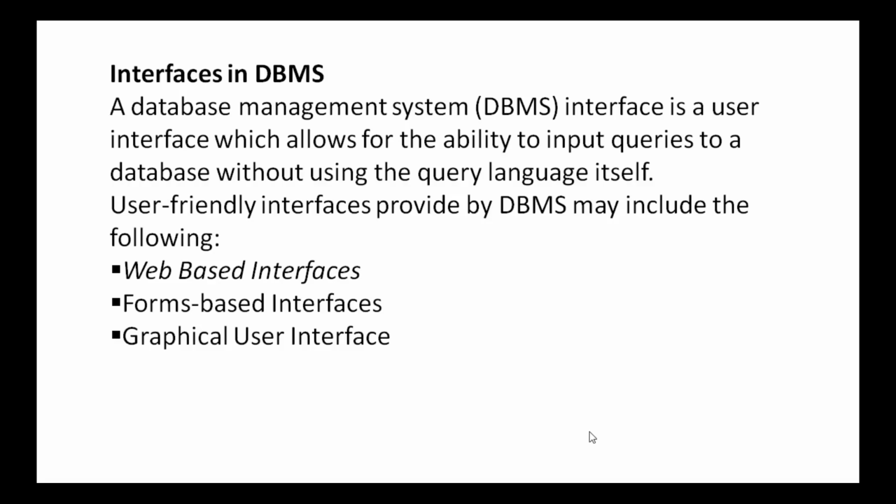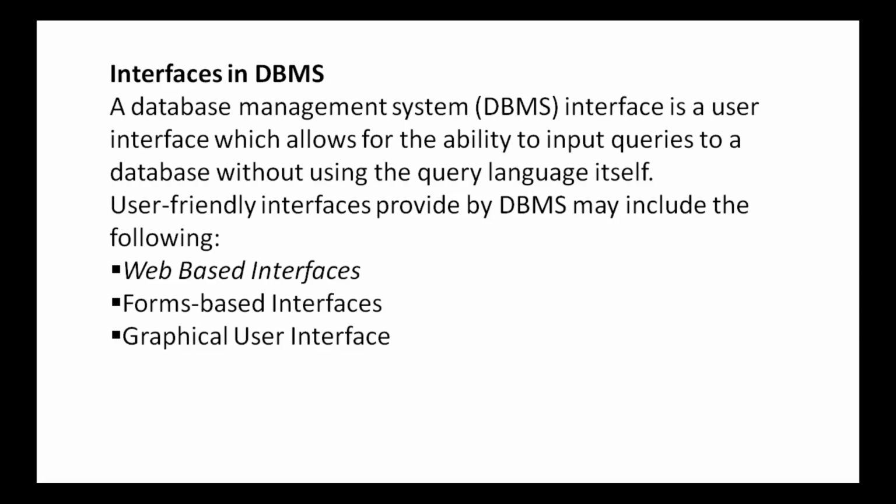And the last point is interfaces. What are the interfaces in DBMS? Up to that point we discussed very clearly the components in the database environment. Now what is an interface in DBMS? An interface is a user interface.